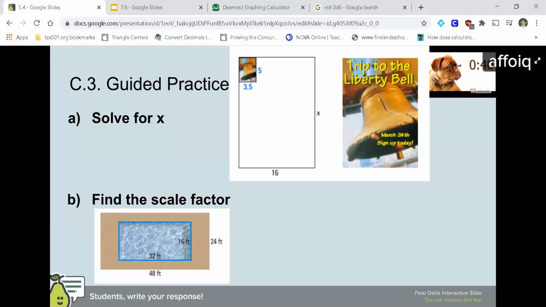Okay. Set up your proportions. So 3.5 over 5 equals what? And then, so you did length over width. First, you want to set up a fraction over fraction. So you do like 3.5 over 5. That would be the same as 16 over x. Exactly. And then cross multiply.